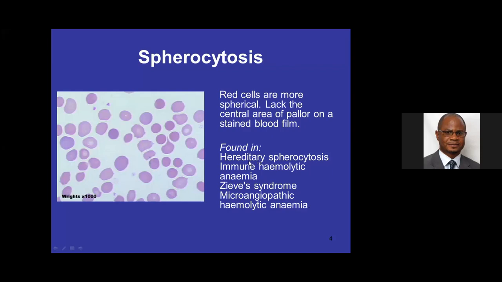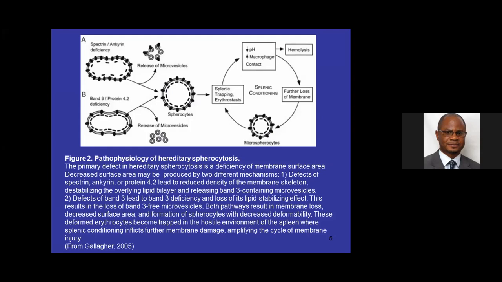This is found in hereditary spherocytosis, immune hemolytic anemia, Zieve syndrome, and microangiopathic hemolytic anemia. You will see spherocytosis. Okay. Then the reason why they have formed that shape is because of deficiency in ankyrin and spectrin.